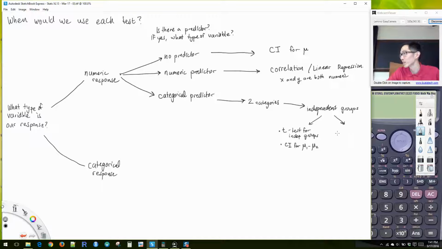It's one categorical variable, whether they got control or the treatment, and you want to see if there's a difference in our numeric response of norepinephrine levels. The other option is if the data is not normal, what do we do? Can you guys read that? If the data is not normal, what's the test we would use?